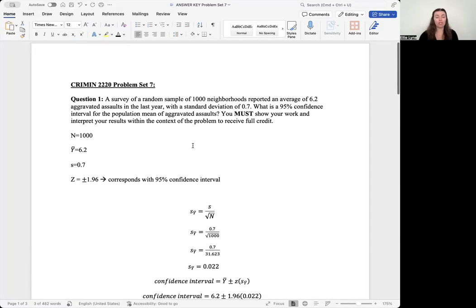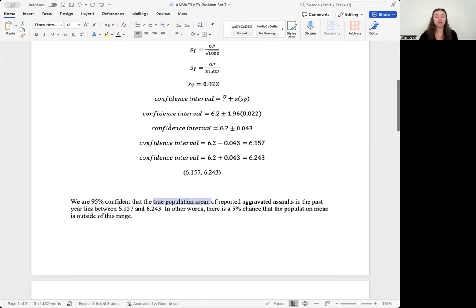It's important to note here we started off with sample characteristics, but now we are making generalizations to the broader population. So the key term here is population mean. We have to specifically designate that we are now interpreting this as a population mean. And so this has to be stated clearly to make sure that we are no longer referencing sample characteristics, and now we are making those generalizations to the population.